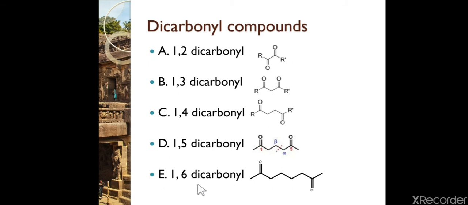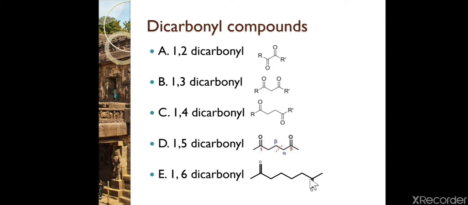So for 1,6-dicarbonyl compound we have one carbonyl over here, and after that 1, 2, 3, 4, 5 and 6, at the 6 position this is a second carbonyl.